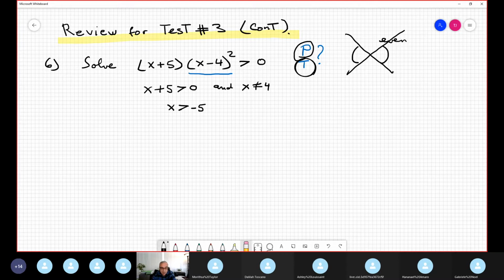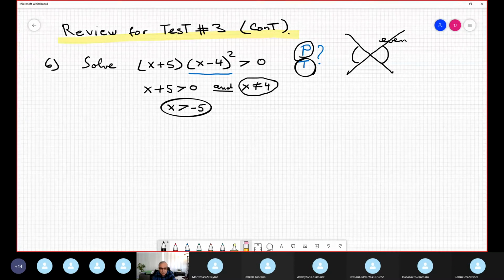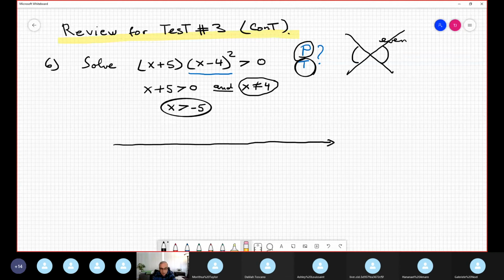You put this and this together by the conjunction and. So basically, it's a compound inequality. Any compound inequality you solve graphically. This is 0 in the middle, negative 5 goes here, and positive 4 goes here. This statement is from negative 5 to infinity to the right, and at 4 we have a hole.